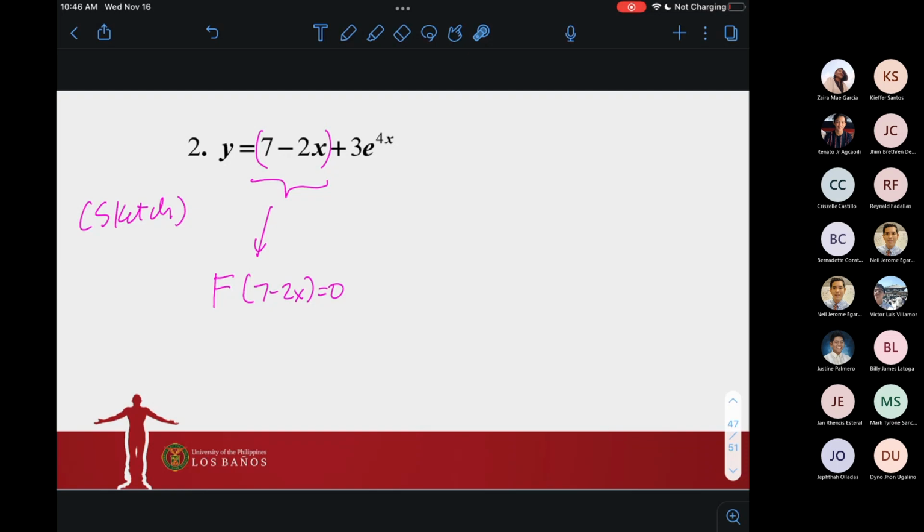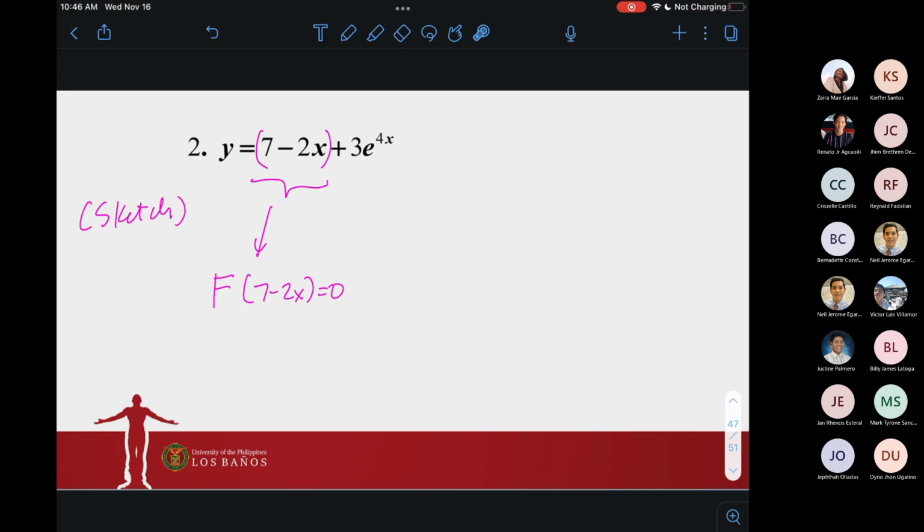Oh, yun na lang, giveaway na. Would you agree? Constant? Kapag constant? Paano magiging constant? Ano na nga, linear function na. Derivative ng linear function ay 0. So paano ko din-differentiate yung linear function?